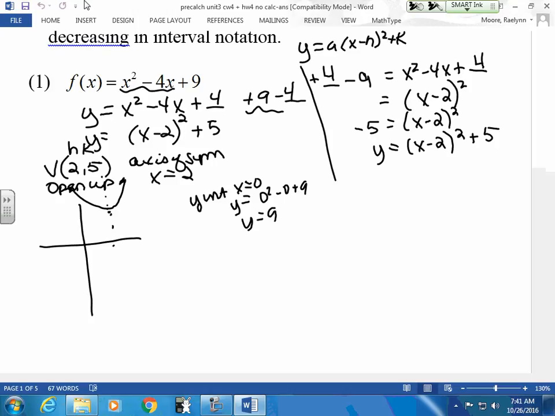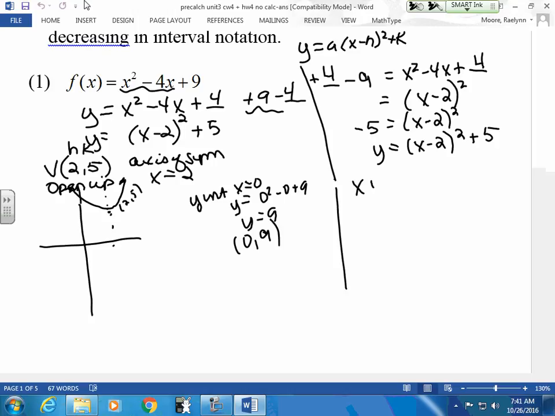Don't forget to show this to me algebraically. And doesn't this kind of make sense? If this is here at the 2, 5, and I cross up there, wouldn't that be about 9 somewhere? It has to make sense. If you find your intercept to be 0, 9, and your graph isn't going anywhere near it, go back and look at where you graphed it or how you did your intercept, because they all should fit together.